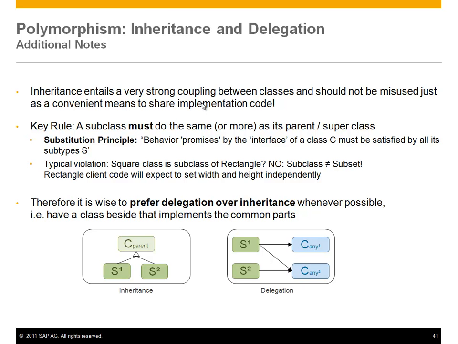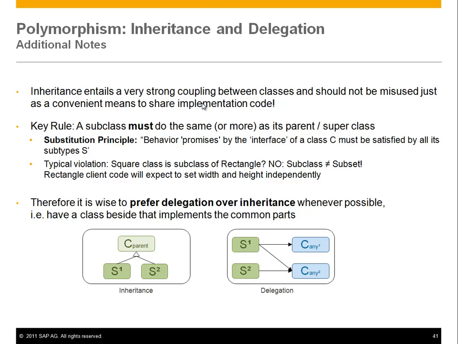So, for instance, let's think of squares and rectangles. You would think, oh, square, is it a subclass of rectangle? You would think maybe intuitively, yes, of course, because it's a subset, but subset is not a subclass. Why? Because let's assume the rectangle has methods to set A and B, to set both sides of the rectangle.